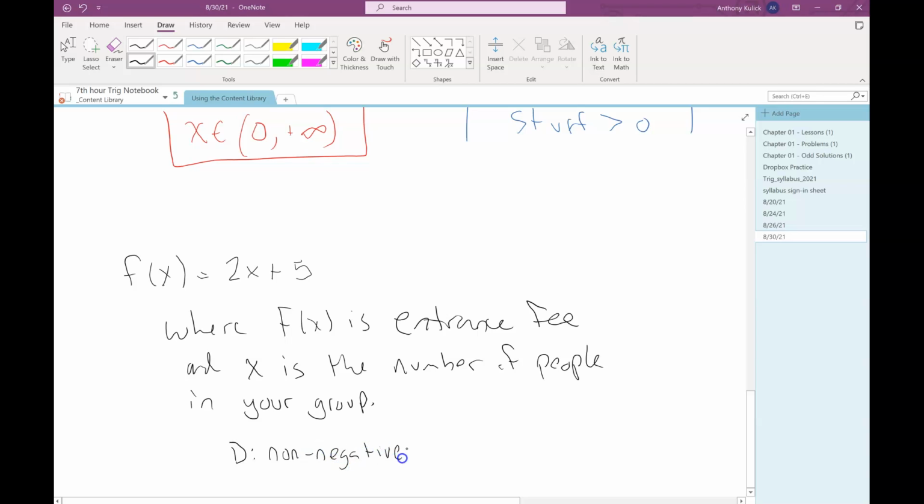Would you really have a group of 0 people paying money to do this thing? That doesn't really make a lot of sense, but whatever. And I would just describe this in words, because since this is not a continuous set, there are gaps between the whole numbers, we can't use interval notation to describe this, and words would be fine in this kind of instance. Everybody okay there?